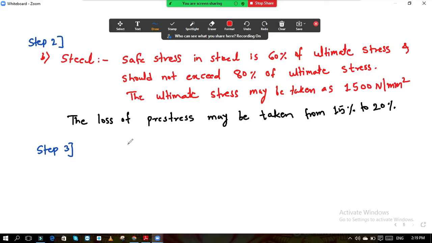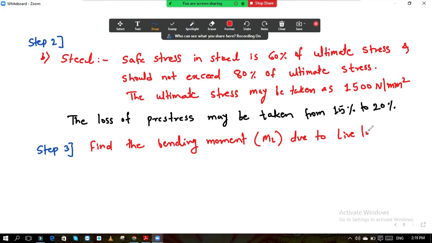Find the live load and moment due to live load. Find the bending moment ML due to live load. This is your step number three.